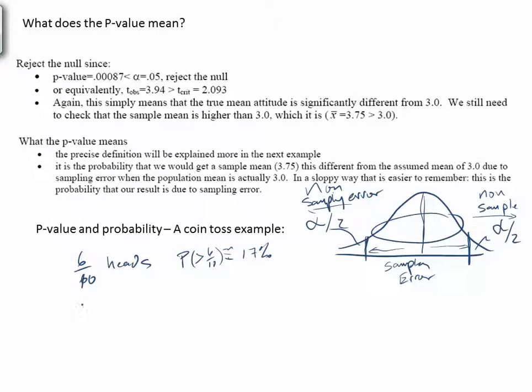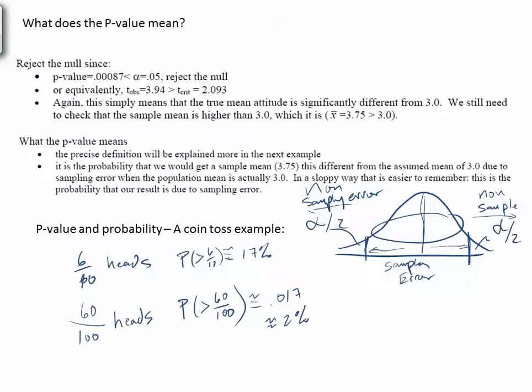If we increase this tenfold and we said, okay, we're going to flip this coin 100 times, and we get the same proportion of 60 heads. So what is the probability of getting 60 out of 100 when we really expected 50 out of 100? Well, at this point, the probability would be 0.017, approximately 2%.